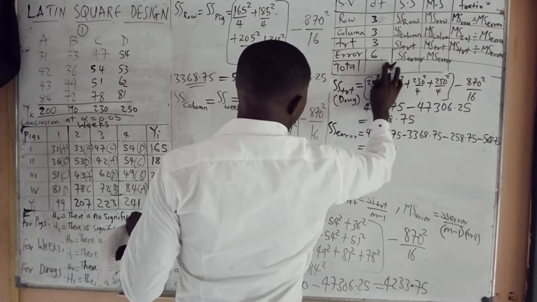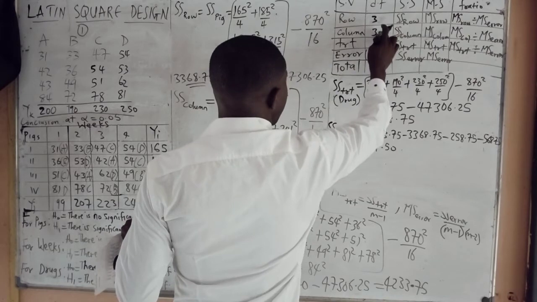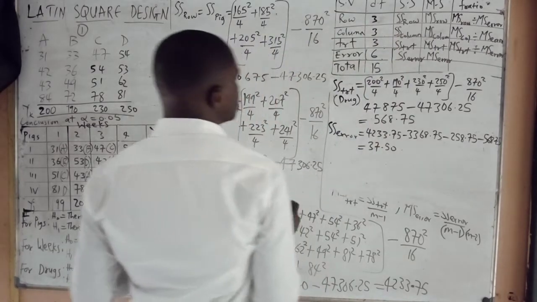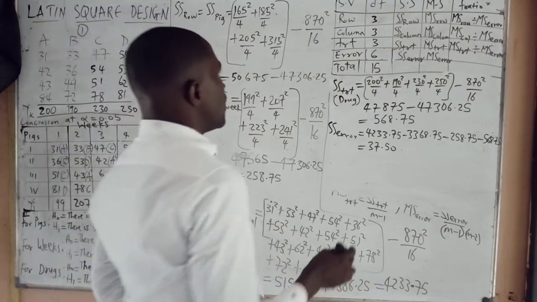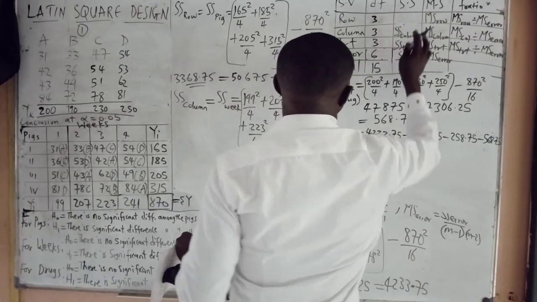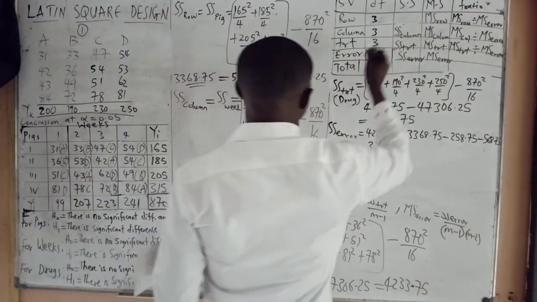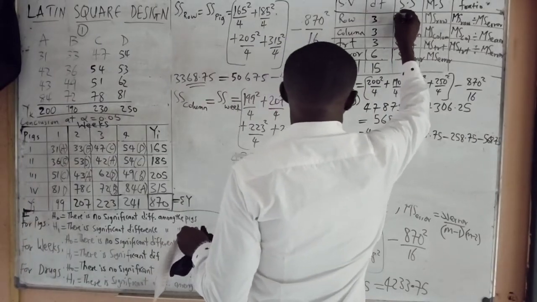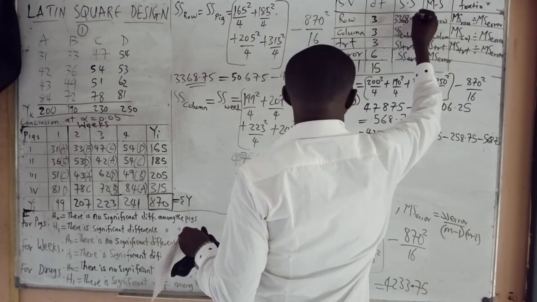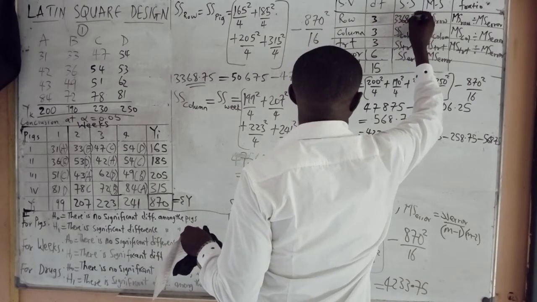Then, if you add it up, 6, 9, 15. You see, that is your SS total. From our SS row, we got 8.75.